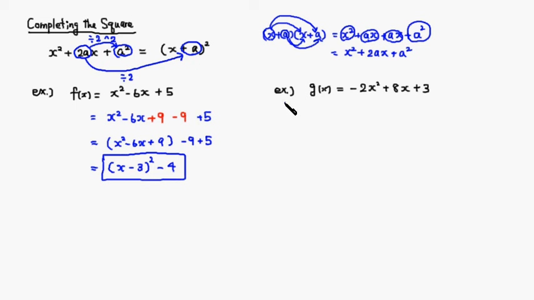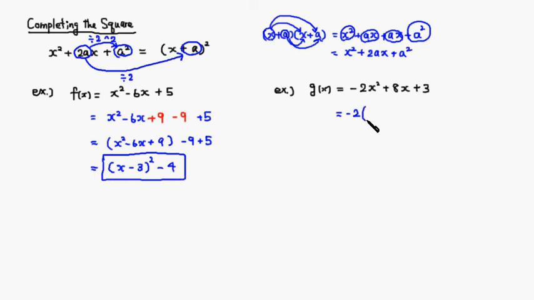All right, just for practice, let's look at another example. g of x is -2x squared plus 8x plus 3. The only difference is that the coefficient of x squared is -2 instead of just 1. In order to deal with that, you factor out -2 from just the first two terms.